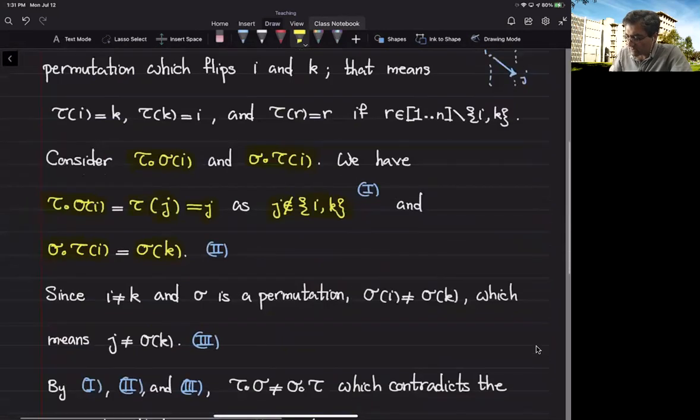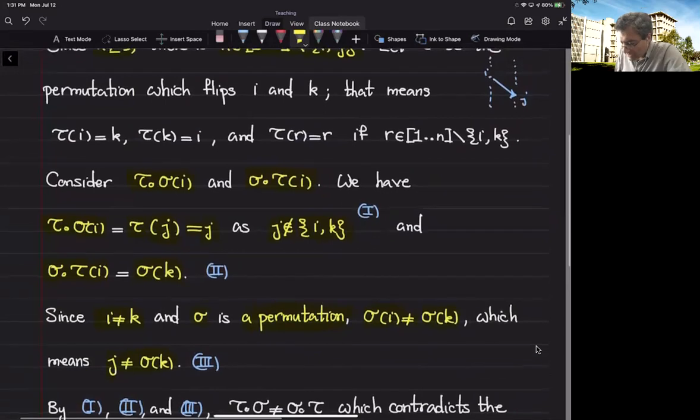So what we want to say is that sigma of k is not sigma of i, which is the case because sigma is a permutation and i is not k. Sigma is bijective, so sigma of i cannot be sigma of k. That means j cannot be sigma of k. And that's exactly what we wanted to show.